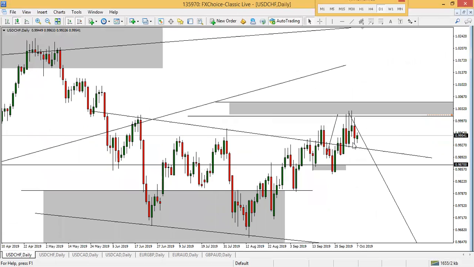You see some sellers out here, and I would just want to wait for another retest. Let it come and see if it can go back to the top side a little bit. If it becomes unsuccessful, then boom, we take it.